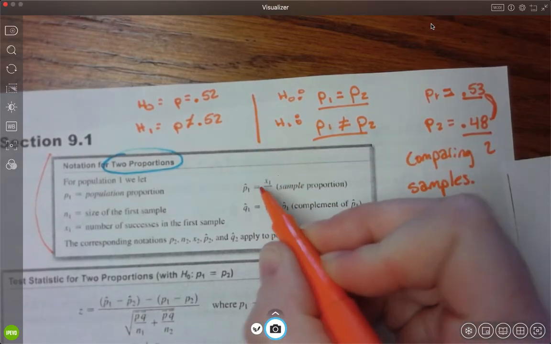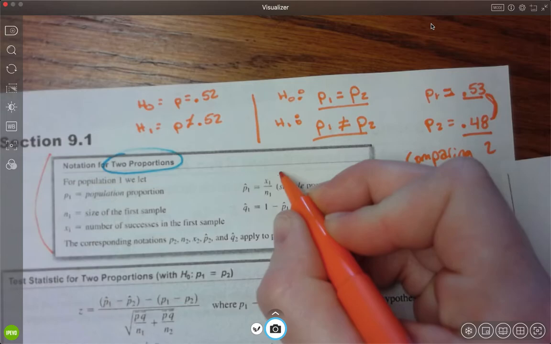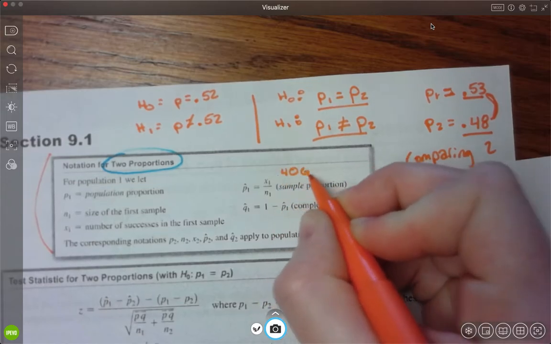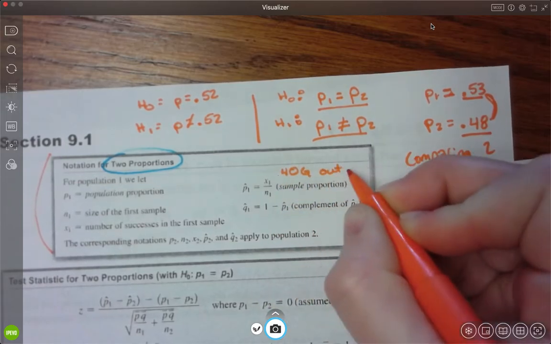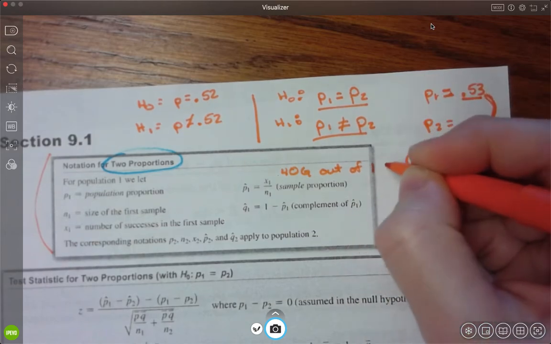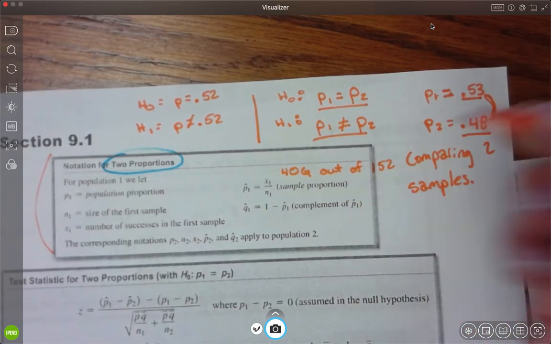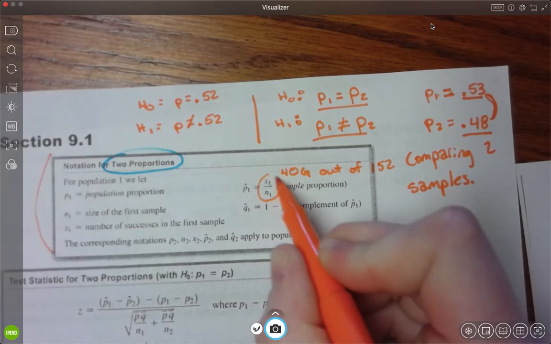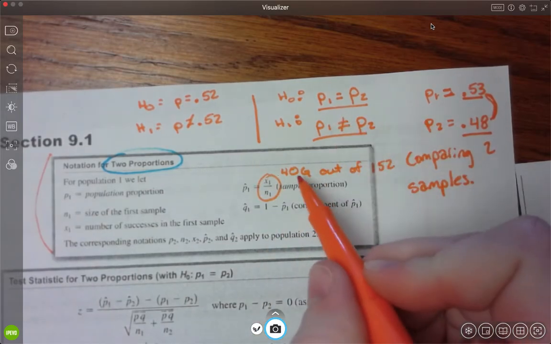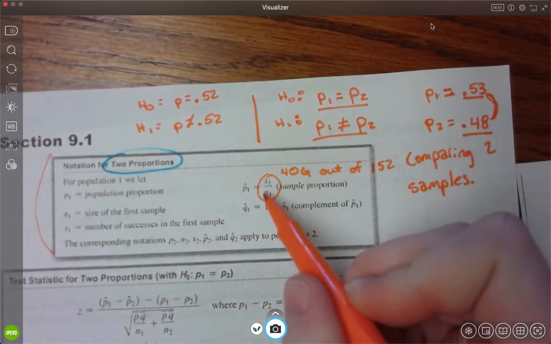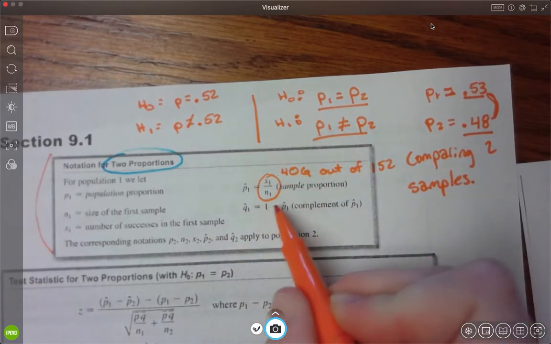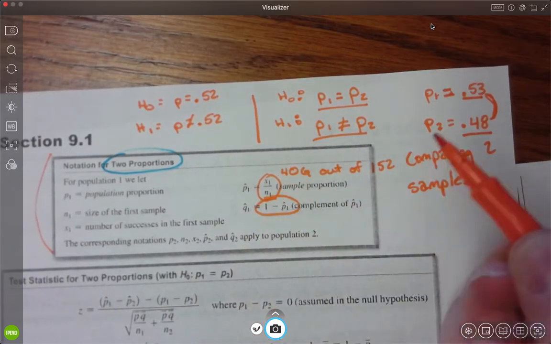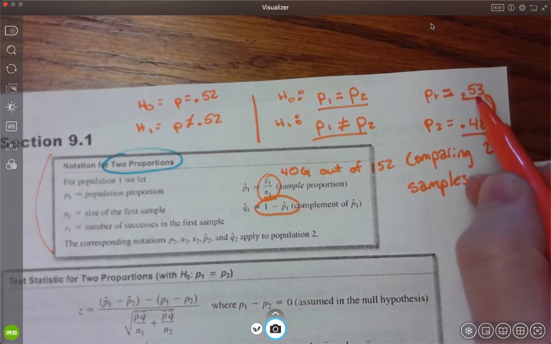But if they don't give that to you, they might say 40 girls out of 152. That's how you would calculate p hat 1: you take 40 and divide by 152. These are just some of the formulas. Q hat 1 would then just be 1 minus that, so if it came out as 0.53, your q hat would be 0.47.